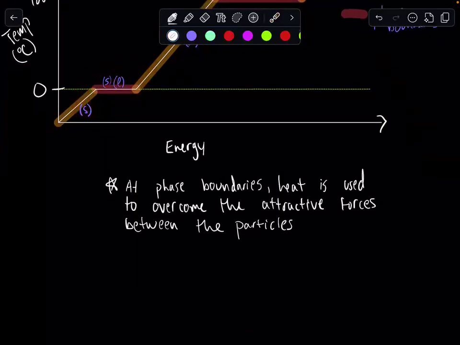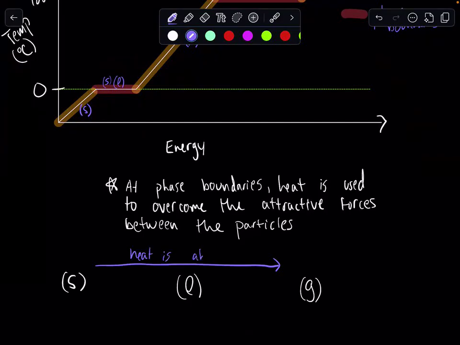All right. Last aspect of this lesson is where does heat go? So when we have solid, liquid, and gas phases, generally a good thing to note is that as we move from solid to gas, we say heat is absorbed.